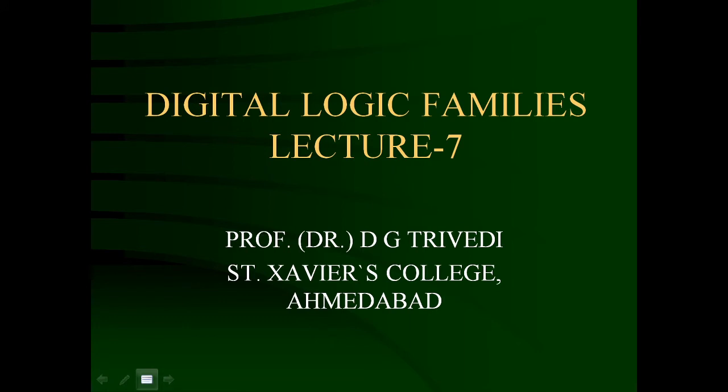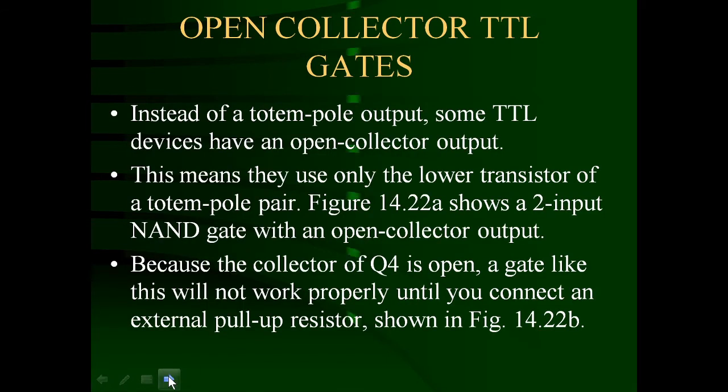So dear friends, we are going to start this lecture now, open collector TTL. Open collector TTL gates. Instead of a totem pole output, some TTL devices have an open collector output. This means they use only the lower transistor of a totem pole pair.